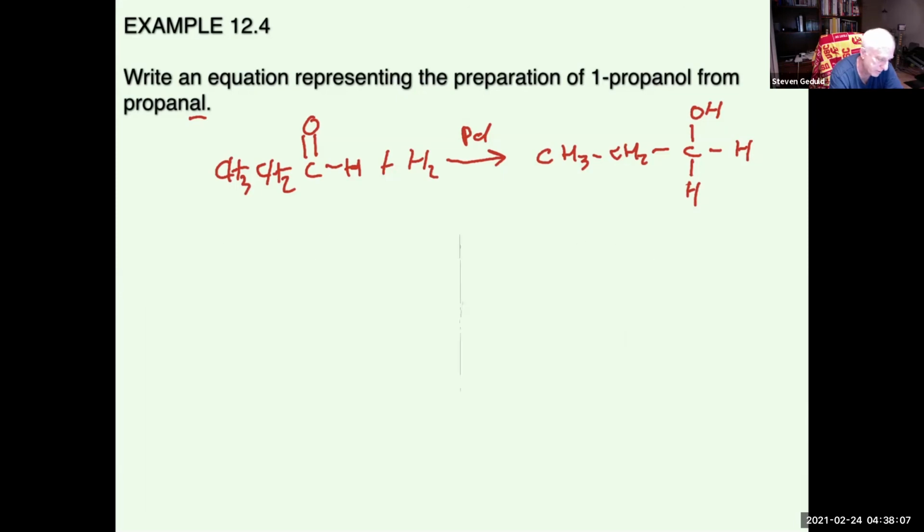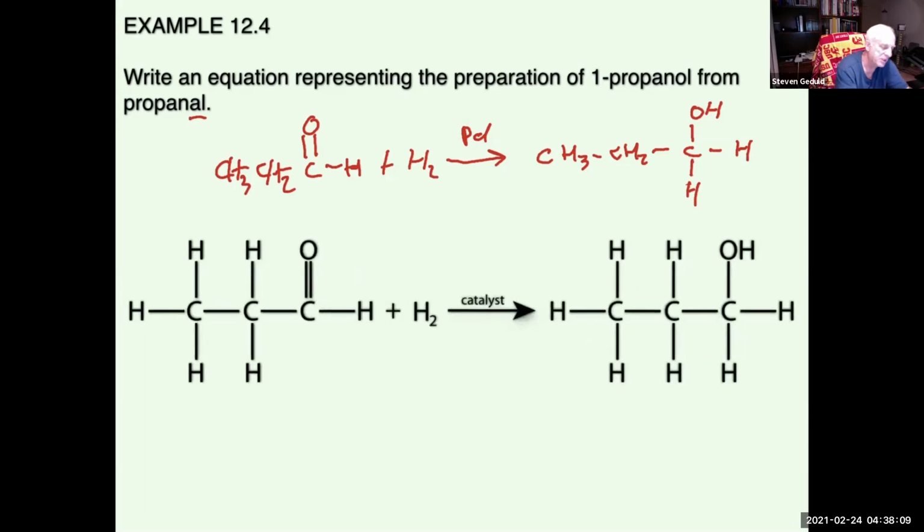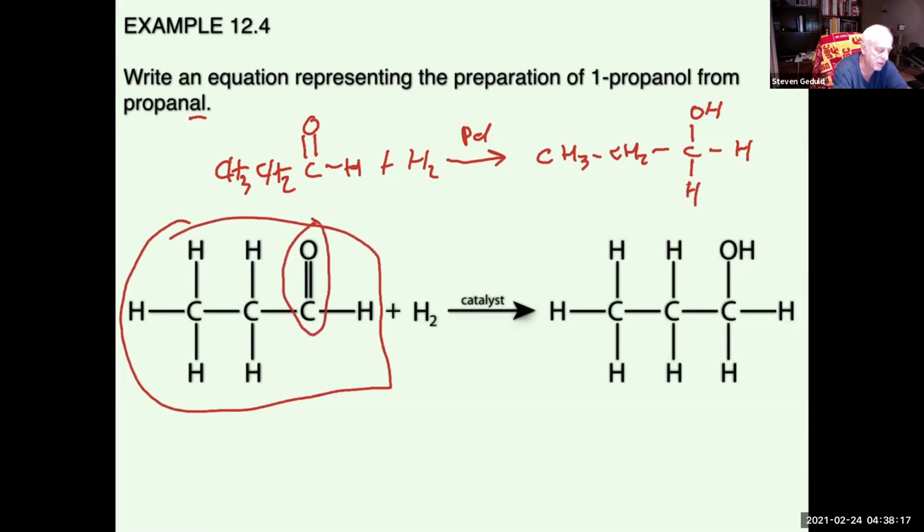Okay. So this is propanal right here, 3 carbons. And again, it's an aldehyde because it's a carbonyl group, and on one side there's a carbon and on the other side there's a hydrogen. If this was a carbon right here, then it would be a ketone. That's our only difference between aldehyde and ketone. We haven't done it yet, but that's what it is.